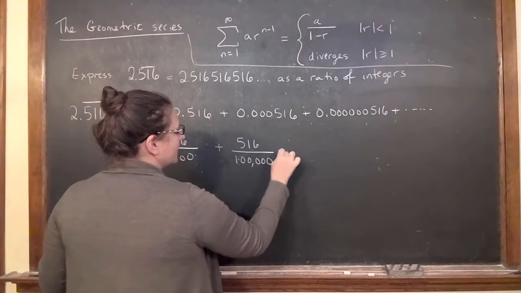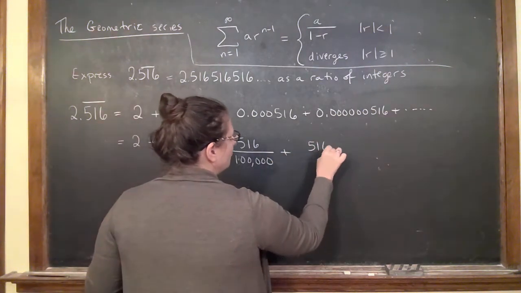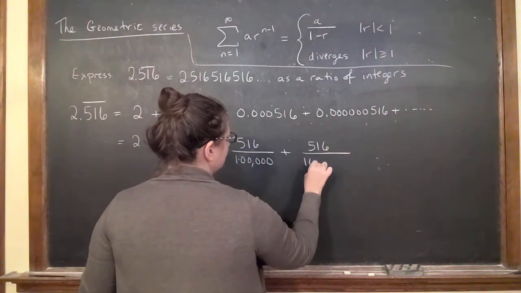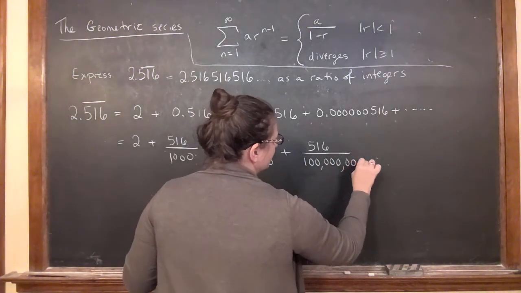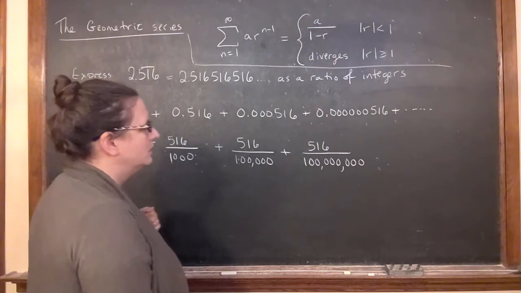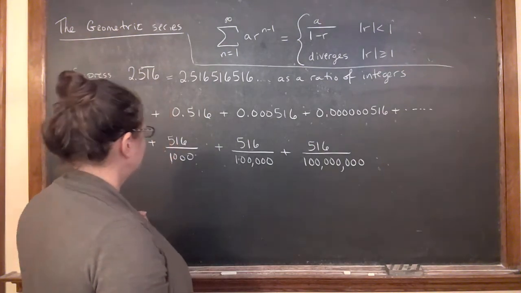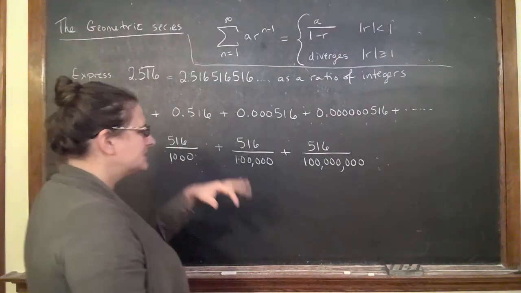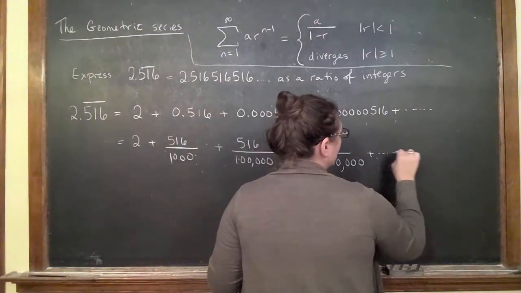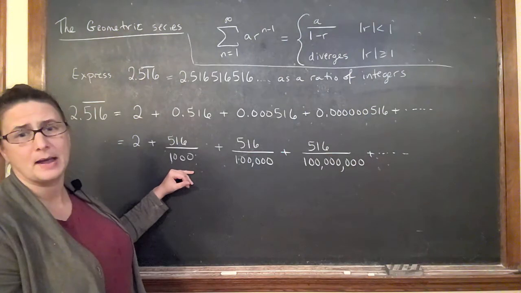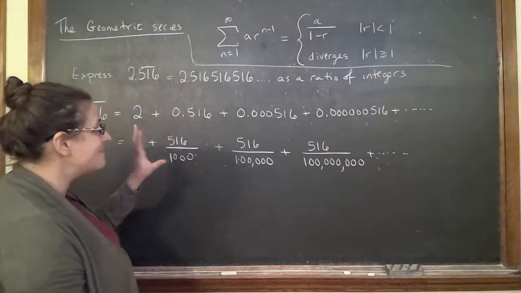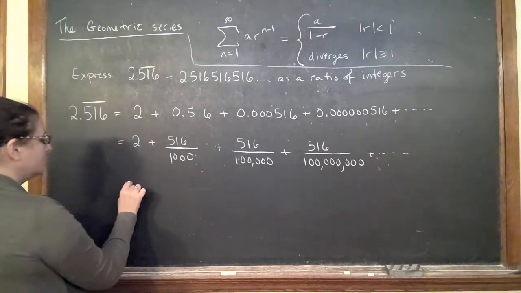And then this one would be 516 over, not 9 zeros, 8 zeros, but you get the idea, 100,000, etc., plus dot, dot, dot, because we're going off to infinity. I can see that there are some powers going on, so you can really think about this as a geometric series.